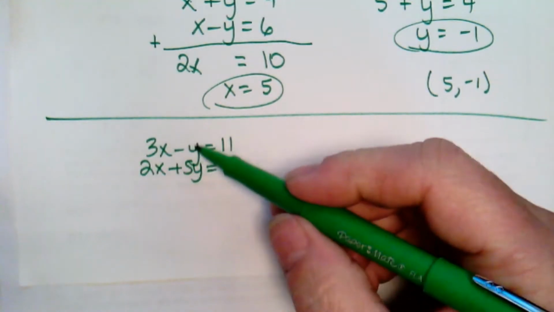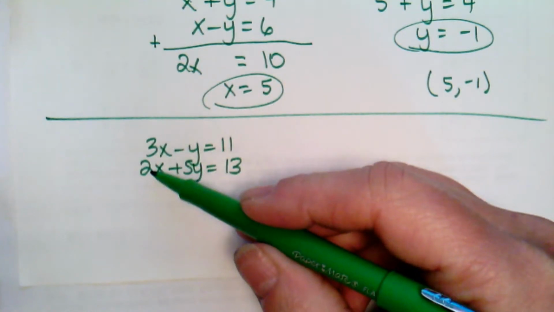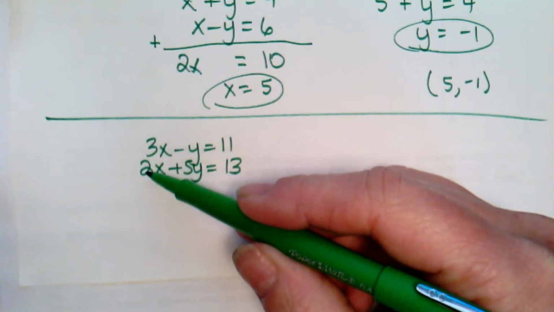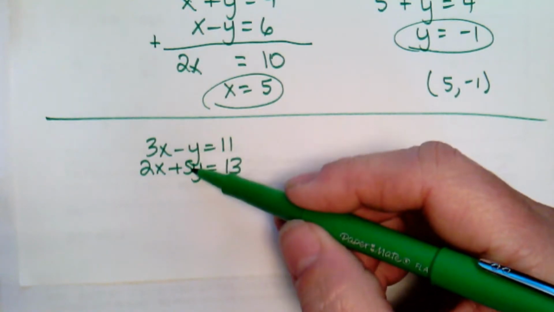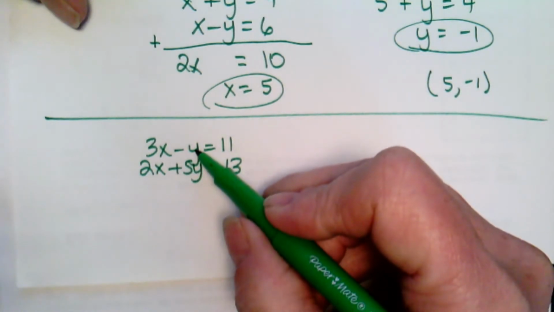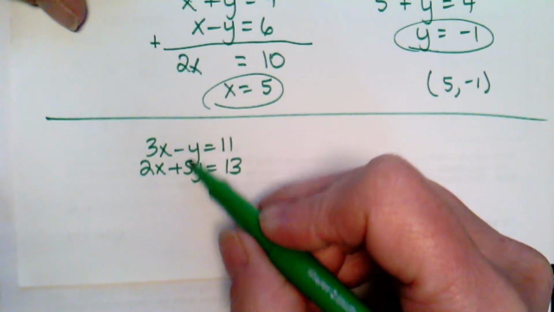So I'm looking at my variables, and I could cancel these out if one was 6 and one was -6, but that means I'd have to multiply this one and this one. But I can look at my y's, and the least I have to do is the one I'm going to pick. So if this was a -5, this is a +5, these would cancel out.